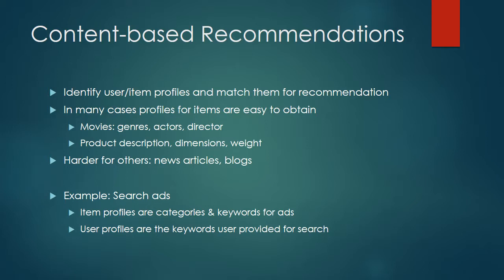So let's look at a few cases. If you think in terms of, let's say, you want to create a recommendation system for something like Netflix. Maybe you have your own streaming service, and you want to do this. Movies are easy because they're tagged. You can go to IMDb. Somebody has done it.